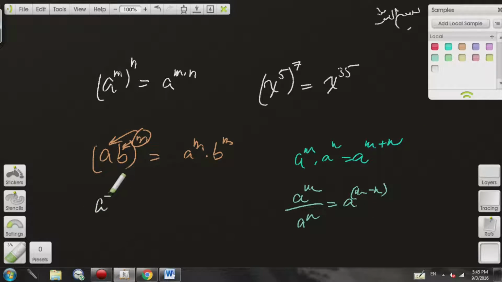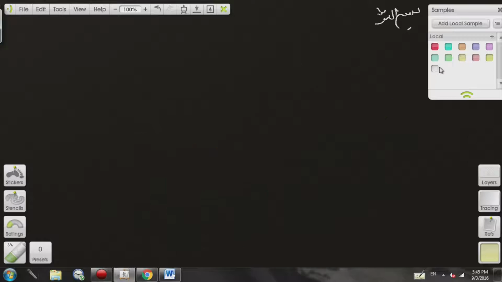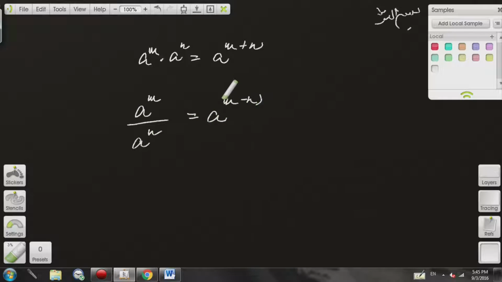And then a to the negative m is 1 over a to the m, and a to the 0 is 1. Those are the properties of exponents. Let me just reiterate those: a to the m times a to the n is a to the m plus n, and a to the m divided by a to the n is a to the m minus n.